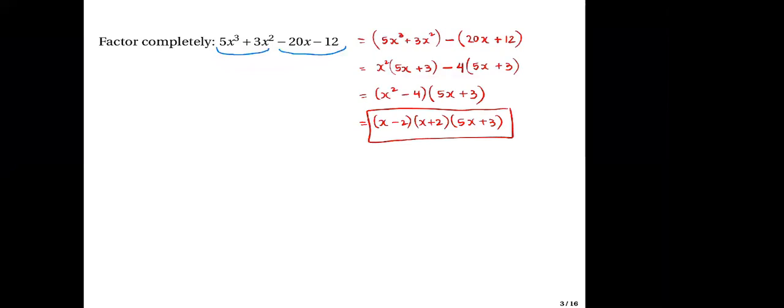Question: where it says x squared times the quantity 5x plus 3, how come there's a 5x to the power 3 plus 3x squared on top of that? What happened to the x cubed? We factored out the x squared. When you factor, what happens when you have AB plus AC?